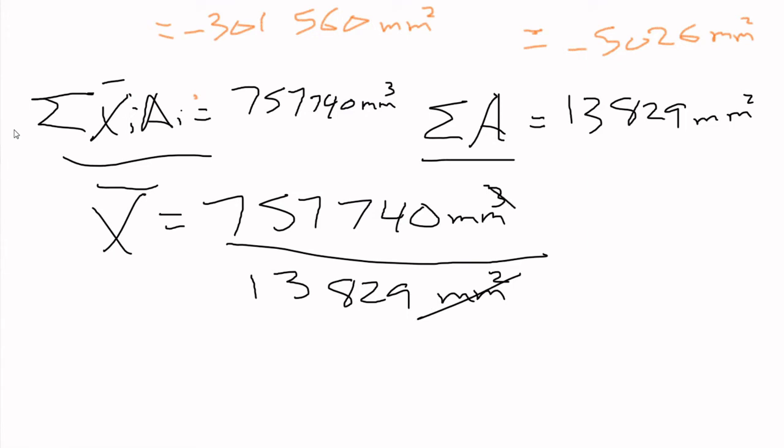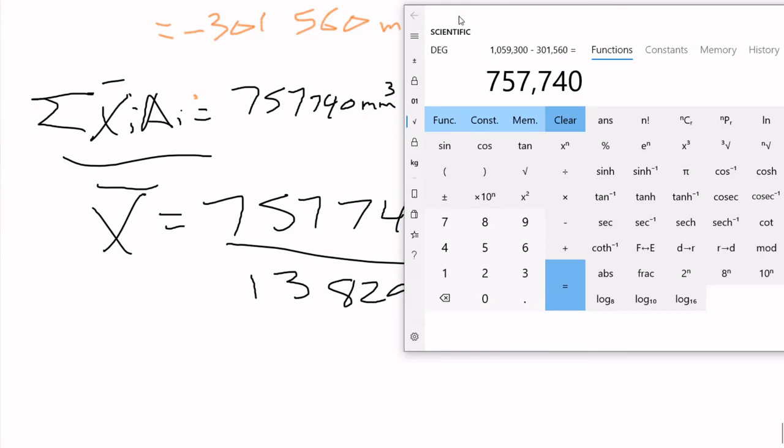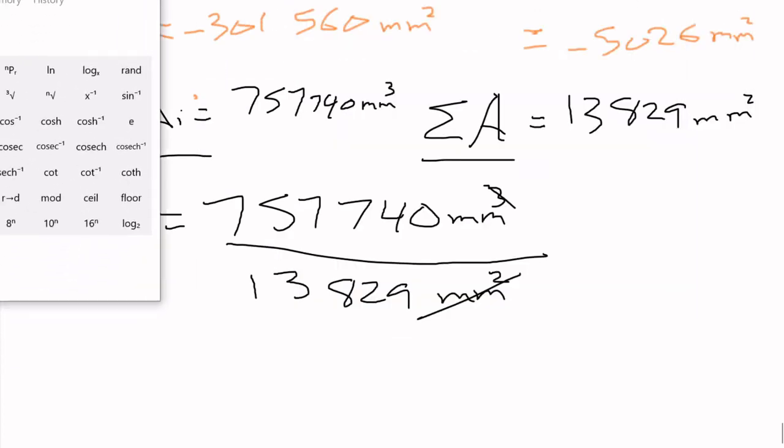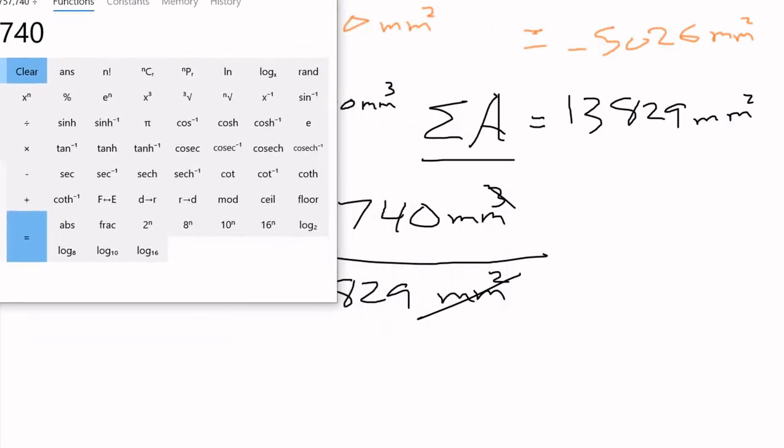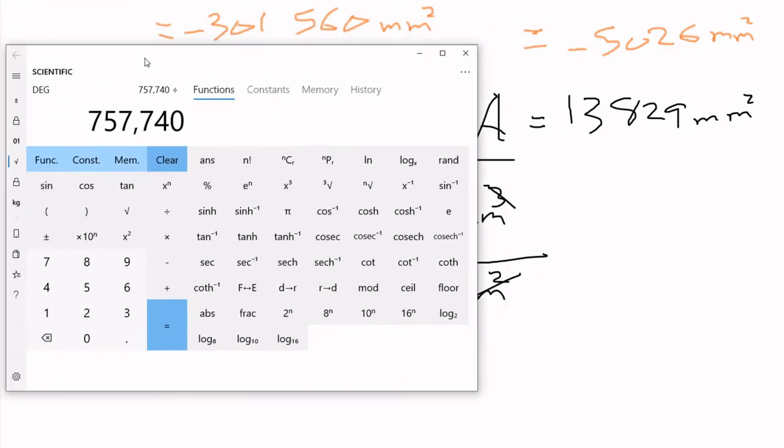Cancel that out, we're left with millimeters, which is exactly what we're looking for, a distance from the origin along the x-axis.